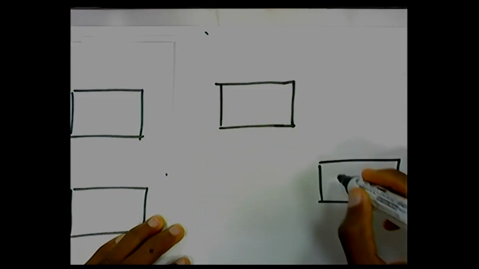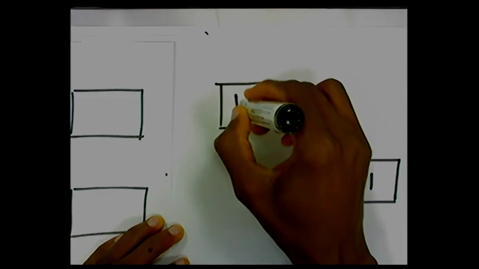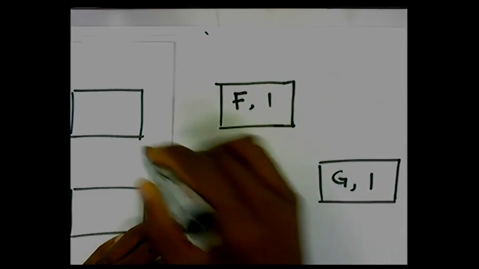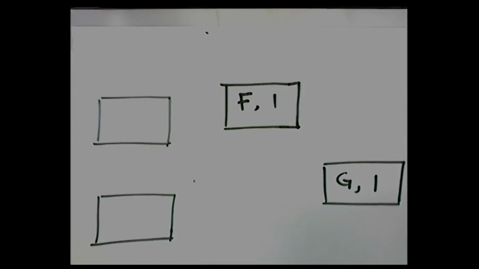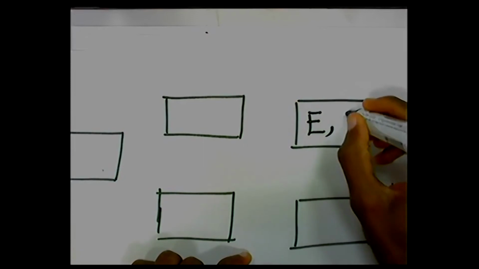So I'll label this G, and it has a duration of 1 month. I'll put my F, and it also has a duration of 1 month. Then I will shift it a little bit here. You don't get to see F and G again, but when we are doing the computations, you see them. So this is E, it also has 1 month.